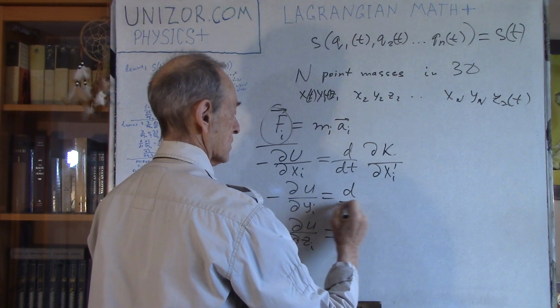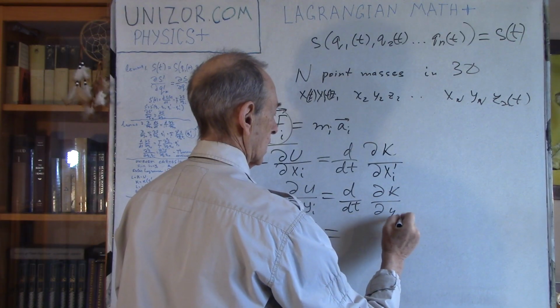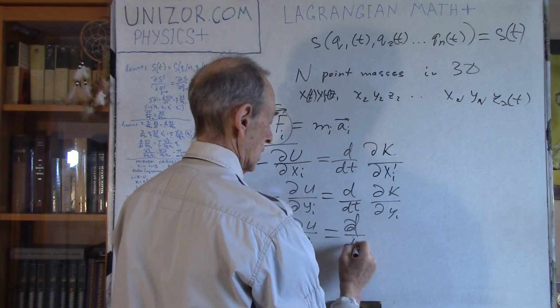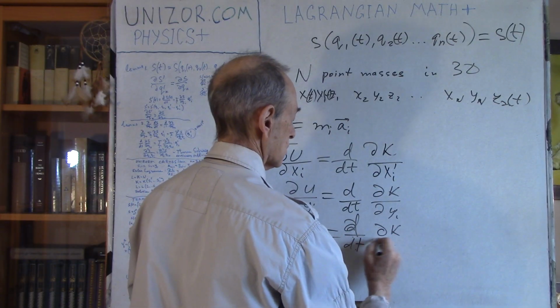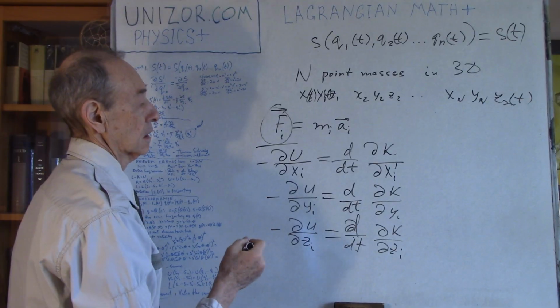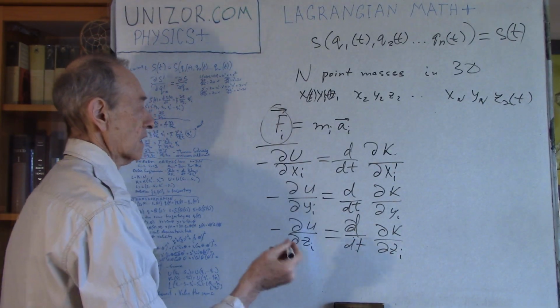And here the same thing, d per dt of the kinetic energy by dyi prime, and d per dt of the kinetic energy by dzi prime. So it's 3n equations.